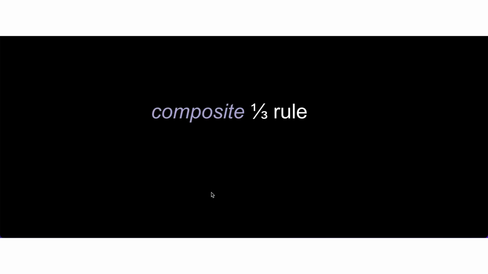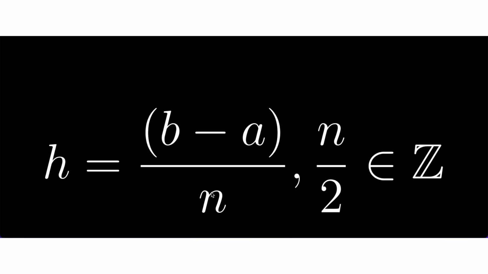Let's discuss Simpson's composite 1/3 rule. For a definite integral with lower bound a and upper bound b, Simpson's composite 1/3 rule is as follows. Assume h equals (b minus a) over n, where our function is divided into n partitions, where n is even.